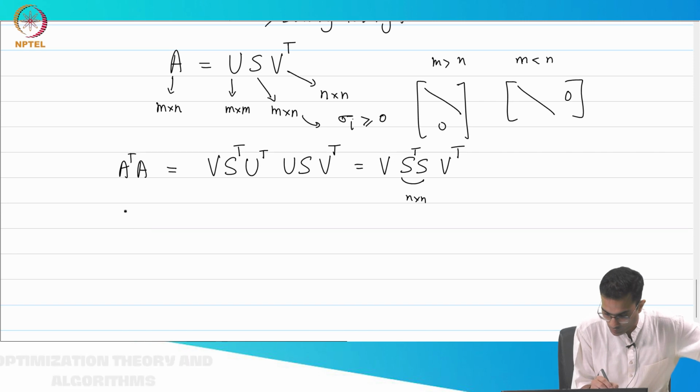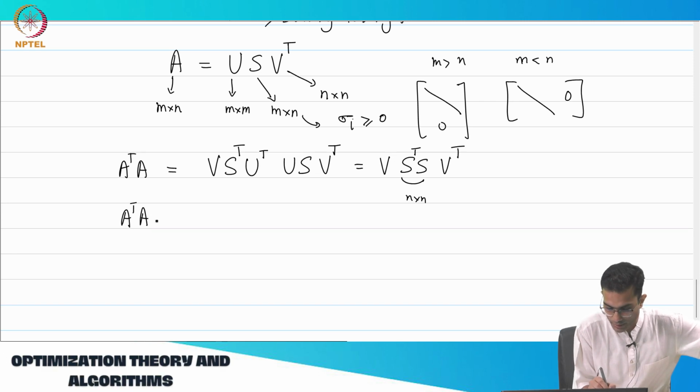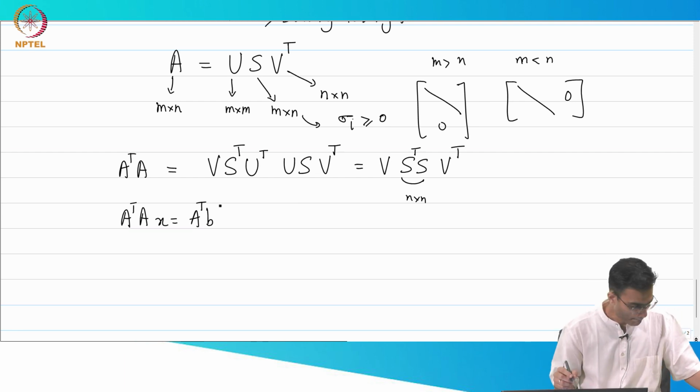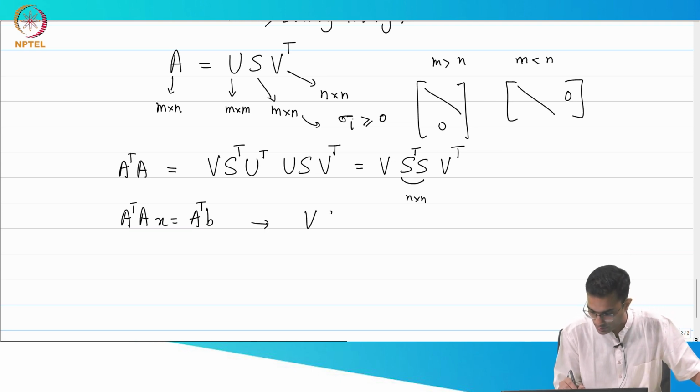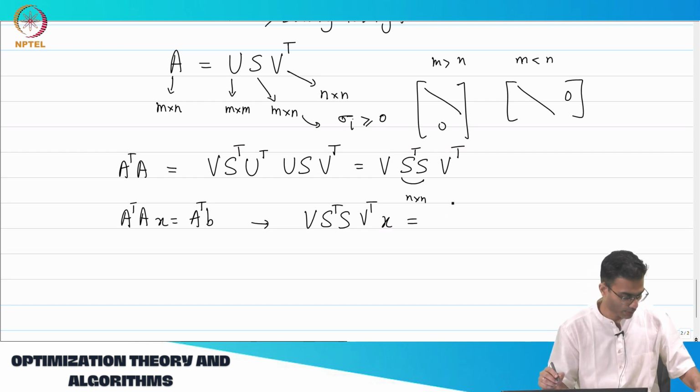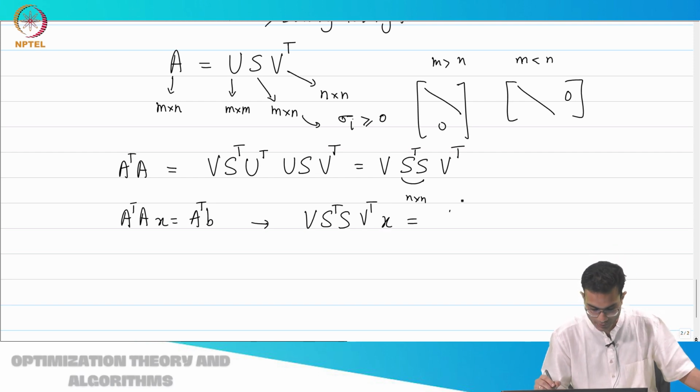Okay, so now we are looking at A transpose A x is equal to A transpose b. That was what I was trying to solve. Now let's plug in what we have done. So V S transpose S V transpose x is equal to, I need to put this back in over here, A transpose.